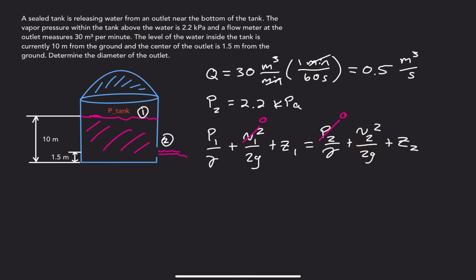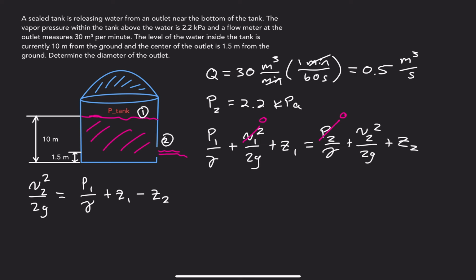Now we're asked to solve for our diameter of the outlet, but we'll get to that after we evaluate the speed of the flow at the outlet. So if we rewrite this equation in terms of V2, I'll keep it like this for now. So I simply subtracted Z2 from both sides.